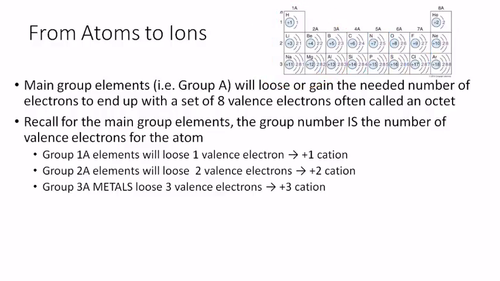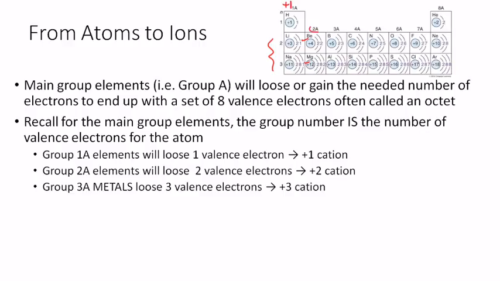So for that reason, the 1A, beginning with lithium and sodium, will kick off their 1 valence electron. And if they kick off an electron, they're electron deficient and they become positively charged, specifically since it was 1 electron, they run around with a +1 charge.